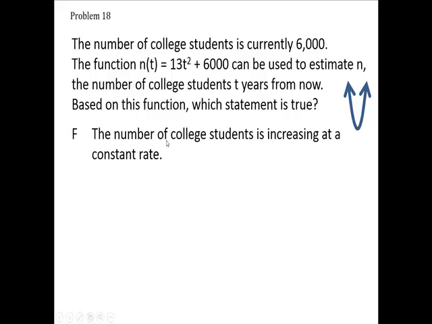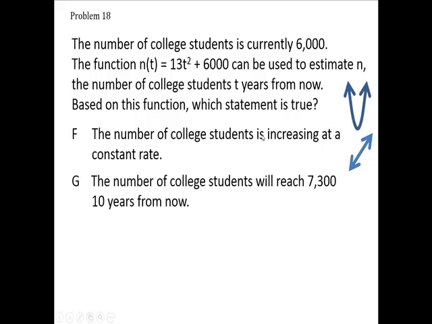Now, the number of college students is increasing at a constant rate. Well, the constant rate is called a slope, isn't it? Which deals with what kind of equations? Not curves, but straight lines. So when you're increasing at a constant rate, that describes a linear equation. We get to eliminate F right now.